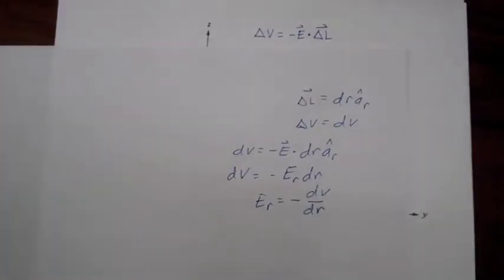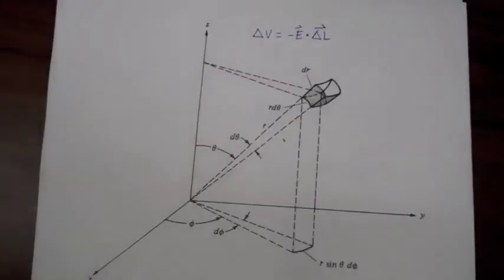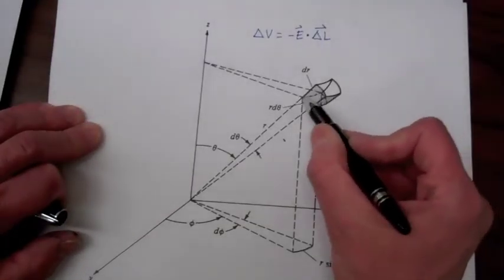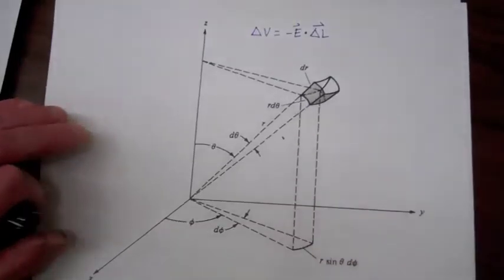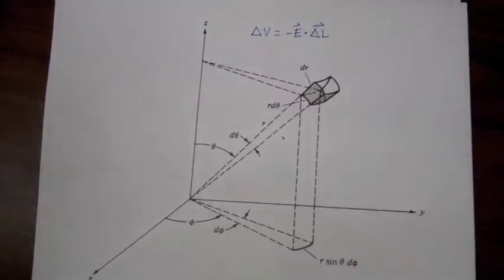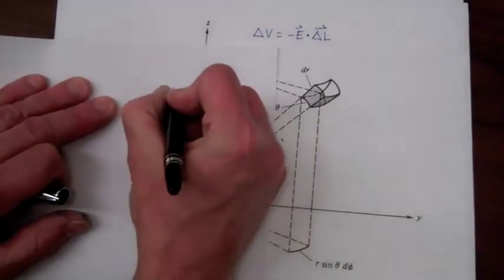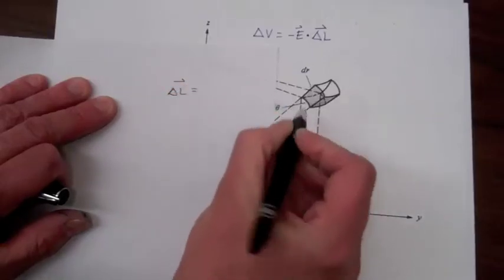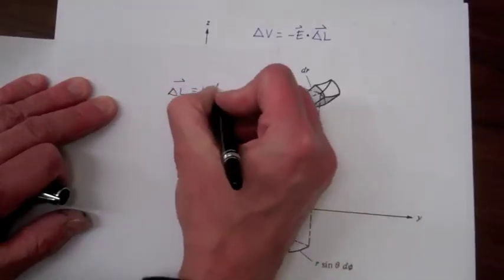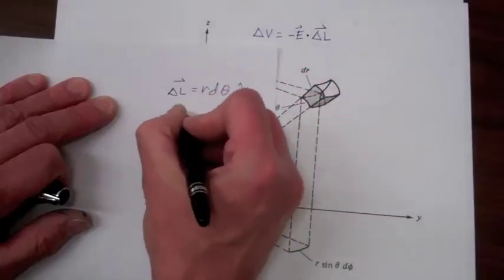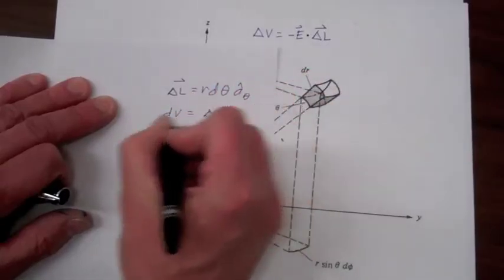Okay, so now we'll take our little adjustable voltage probe, put it in the a theta direction, and adjust it to length r d theta. So then delta L will be r d theta in the theta direction, and the voltage we'll measure, delta V, is dV.